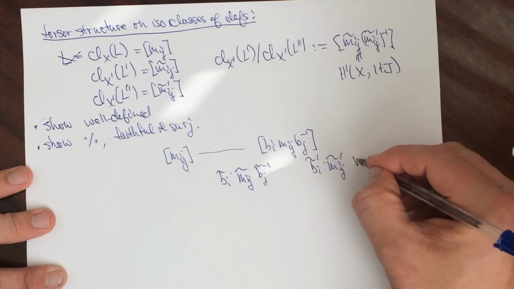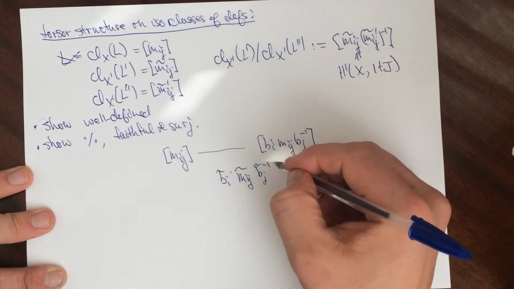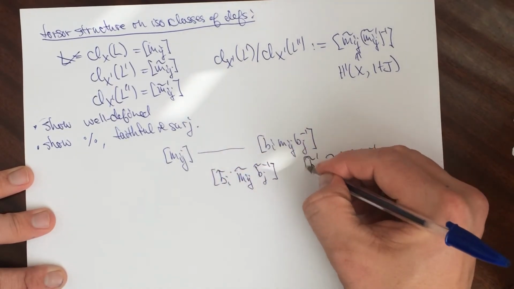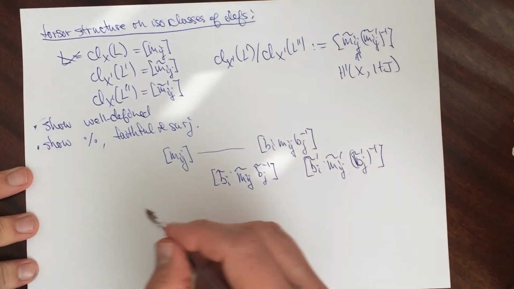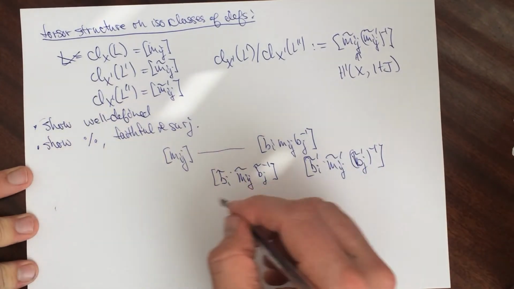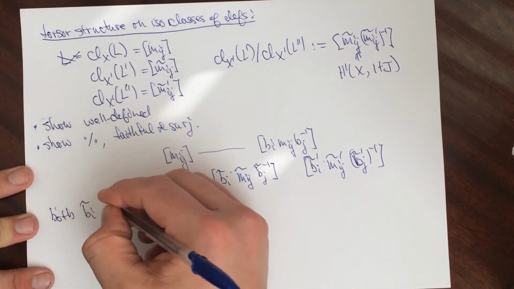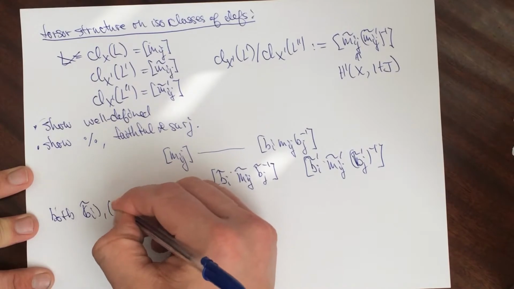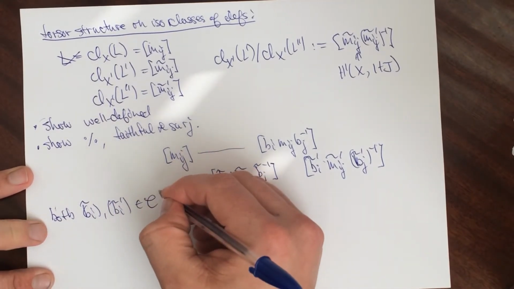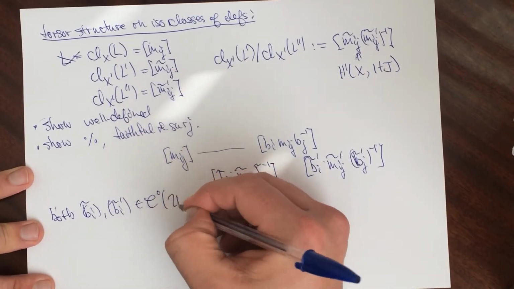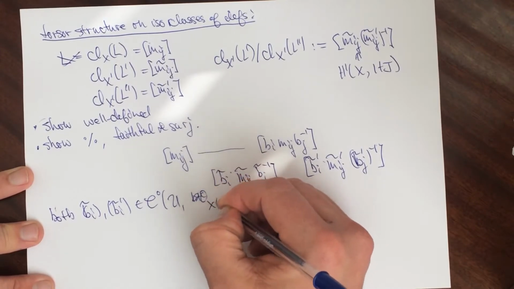So we can modify this one by a coboundary and this one by a coboundary. And here we're going to have that both bi tilde and bi tilde prime are in the units, 1 plus J, O prime times.